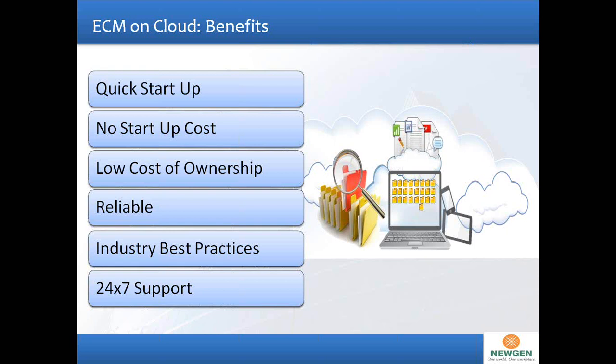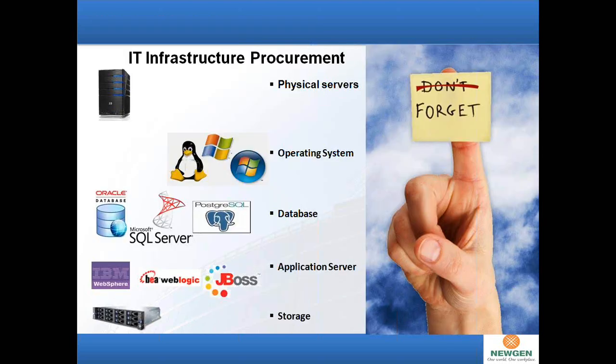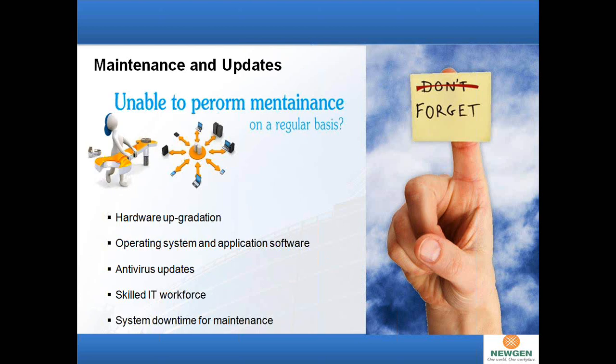The other thing you can practically forget is IT infrastructure procurement. No need of procuring any physical servers, operating systems, databases, application servers, or storage. You can just remove them from your list. Free from maintenance and updates.